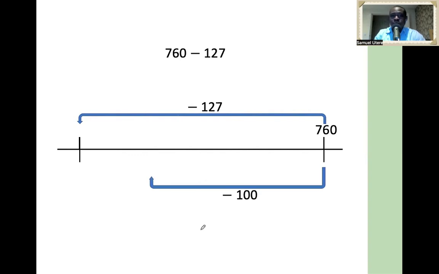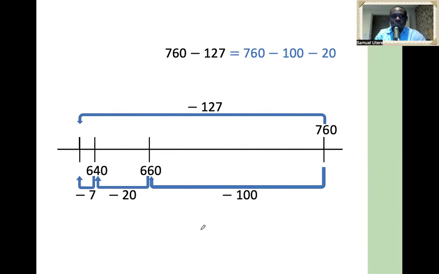Now we have 27 left. So 660 minus 20 is 640. Now we have 7 left. 640 minus 7 will give us 633.